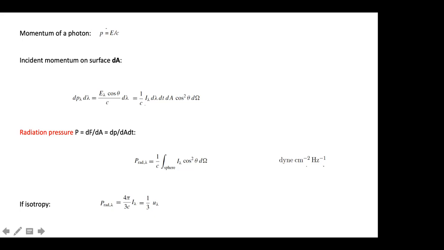And this is very useful because radiation pressure is an important, sometimes critical ingredient in the structure of a star and of a stellar atmosphere.